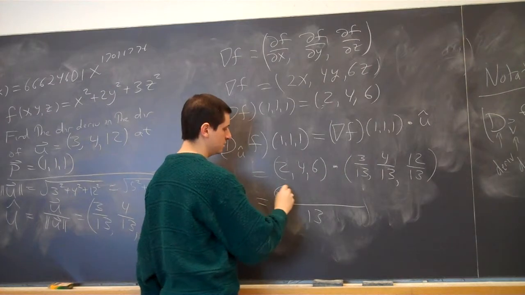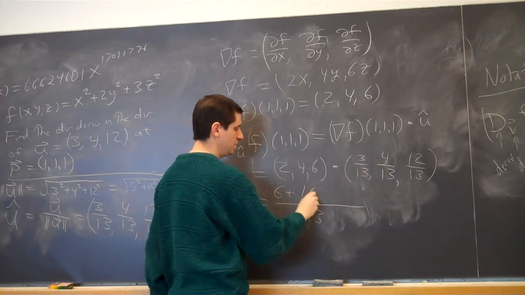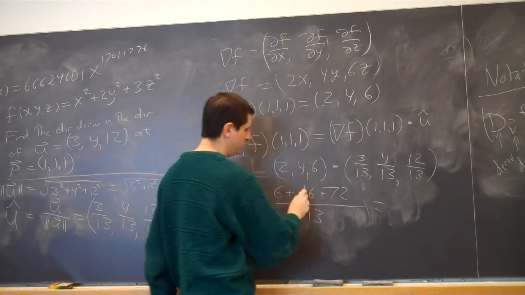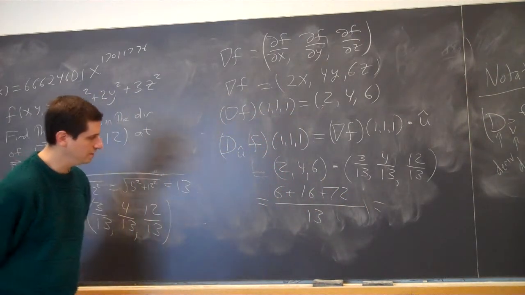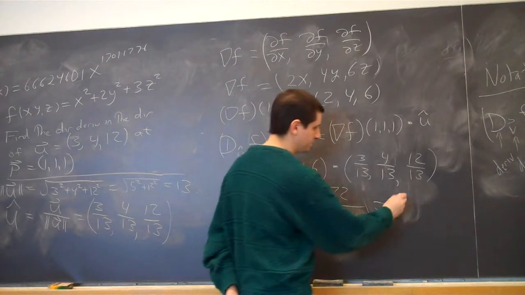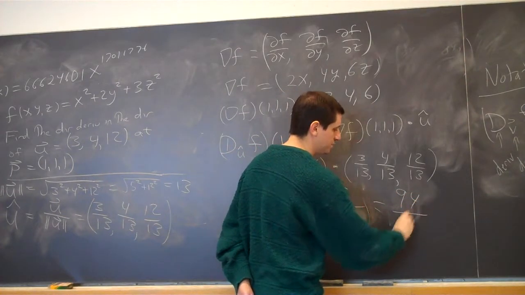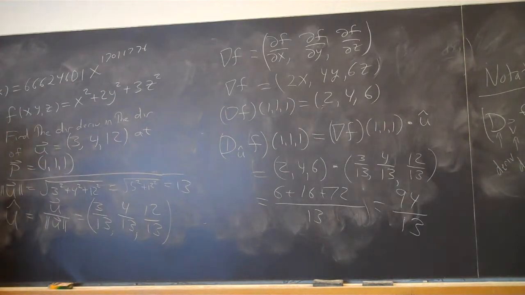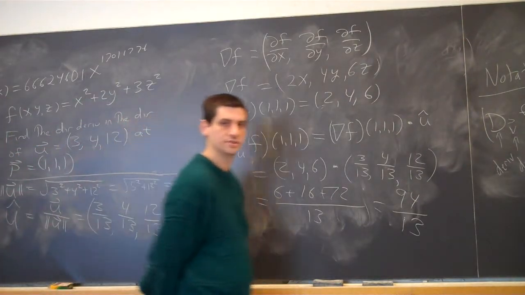I will get 6. 4 times 4 is 16. 6 times 12 is 72. 72, 82, 88, 94. And so that would be the answer, 94/13. Okay. So this is how you would calculate directional derivatives. Any questions?